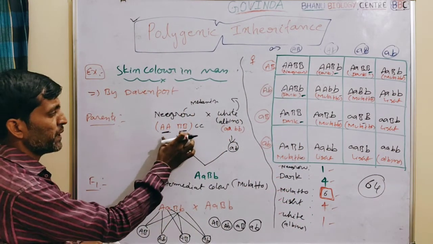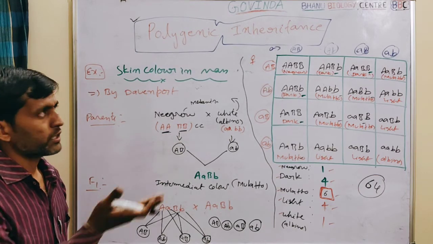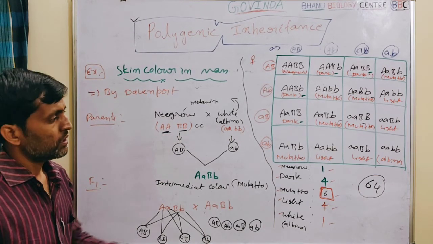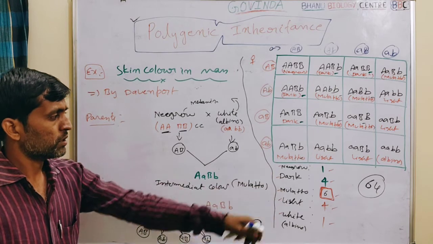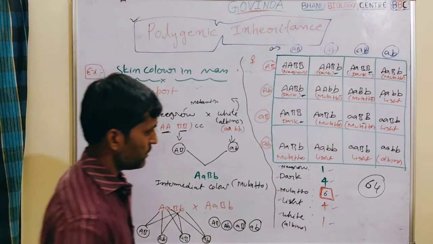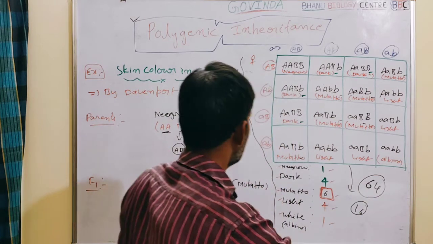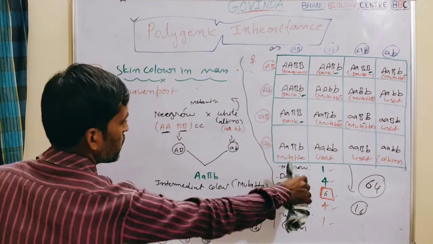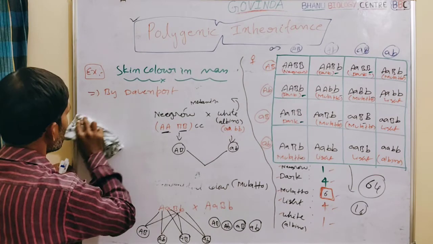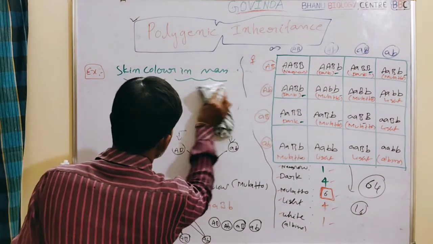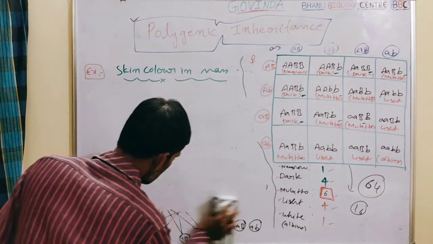So by taking 2 pairs of genes we can explain polygenic inheritance, and we obtain a smaller number, totally 16 offspring. So we put these figures in graphical form and we get the bell-shaped curve.